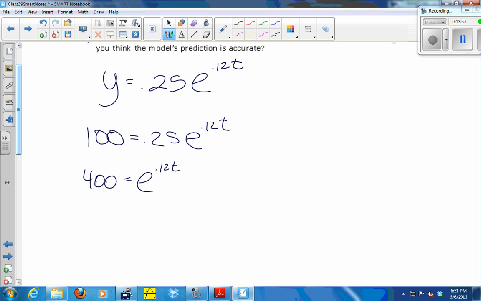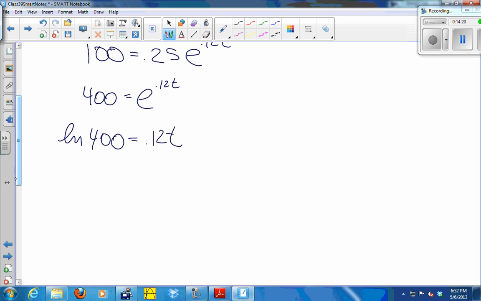Then what? Take the ln of both sides. The ln of 400 equals the ln of e to the 0.12 t, which is 0.12 t. Because the bases will match, you just lift off the exponent. And then divide both sides by 0.12.